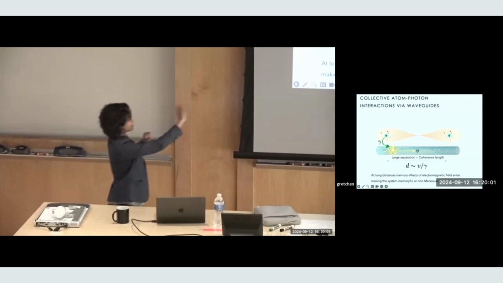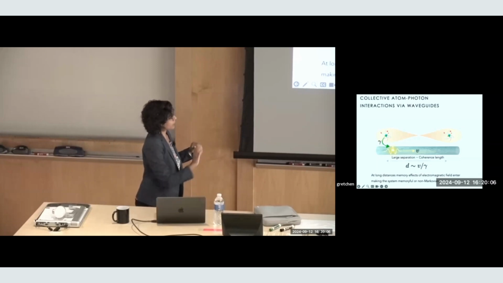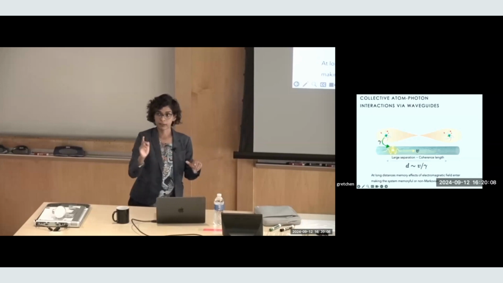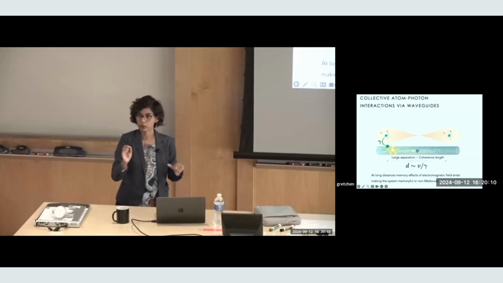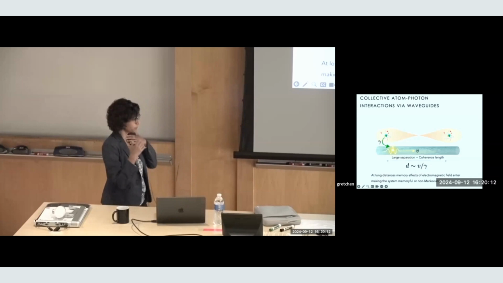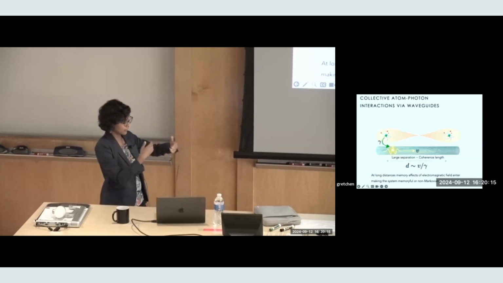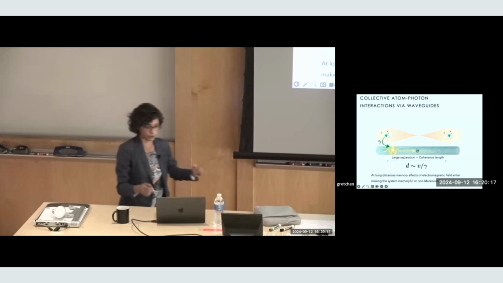As you enter these distances, what I'm going to argue is the memory effects of the electromagnetic field start to become important. You need to remember what your field did as it mediates interaction from one atom to the other, okay?